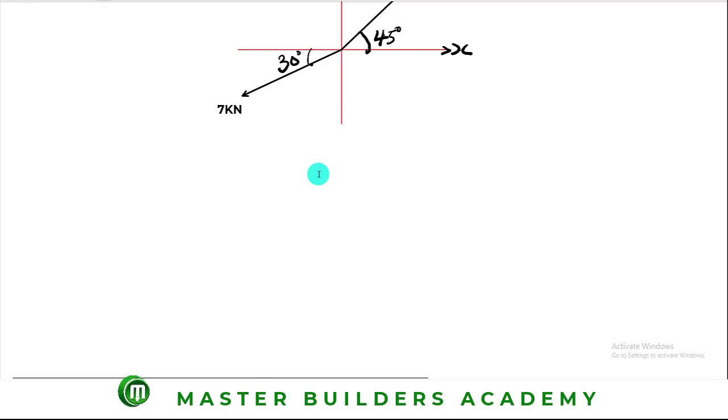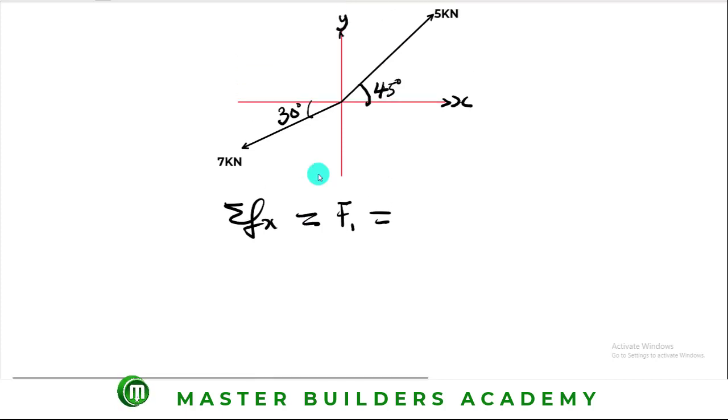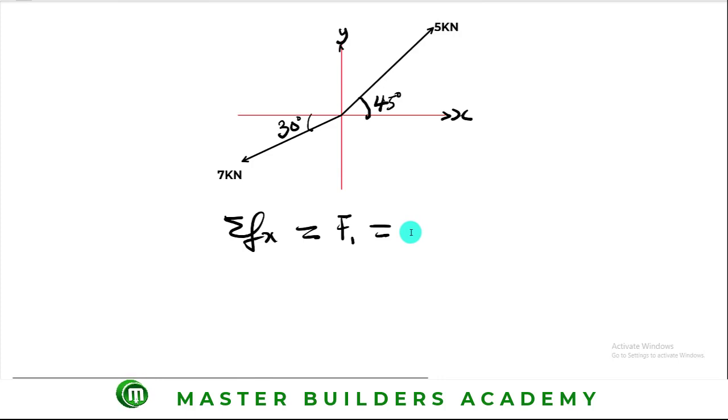Okay, so let's resolve these forces. Sum of Fx is equal to, we can call this F1, then equal to. As we resolve these forces in the x direction, you also need to understand the basis of quadrants. Now that we have F1, as you resolve along the x-axis, any force in the first quadrant will be taken as what? Positive for x. So this becomes 5 cos 45 degrees.